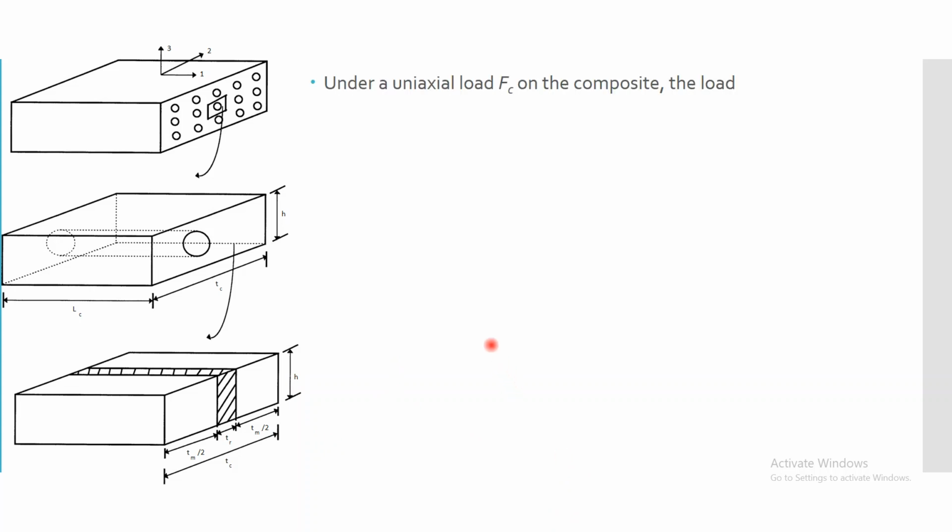Okay. Next, under the loading condition, if I apply the load to the composite, then by using the first assumption, that load should be carried by the matrix as well as the fiber. So that's what is given in terms of mathematical values.